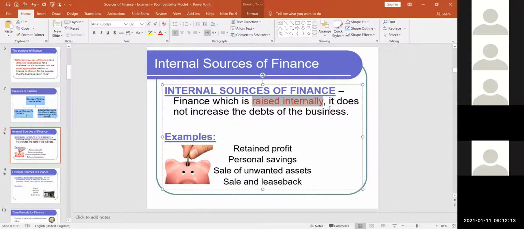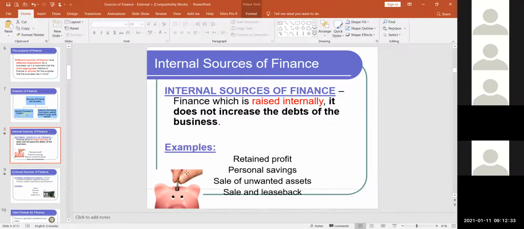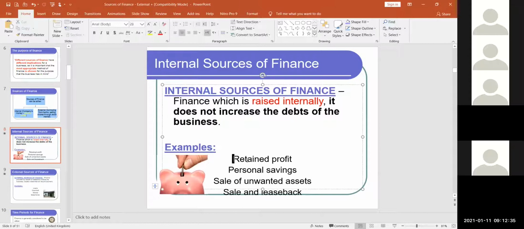Therefore, it does not increase the debts of the business, right? And therefore, there's no accounting cost for this. We are using our own money. We do not have to pay cost for this, right? Okay.